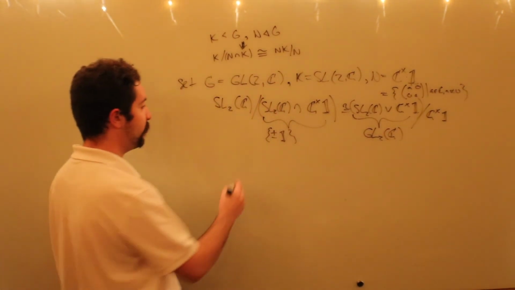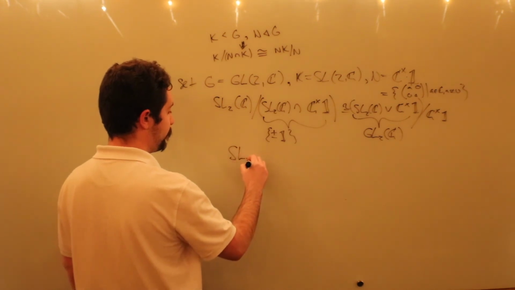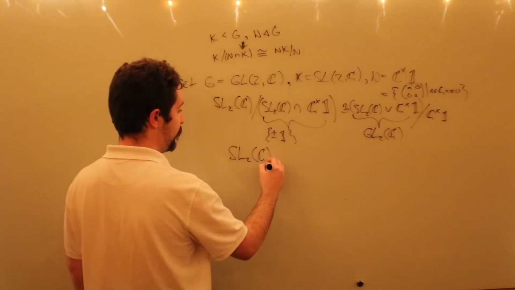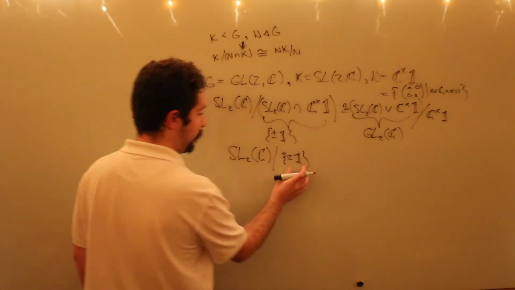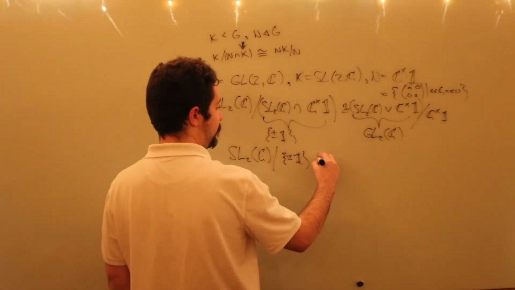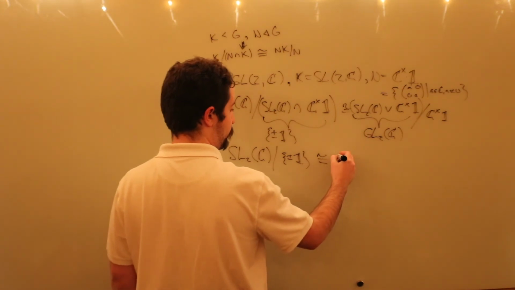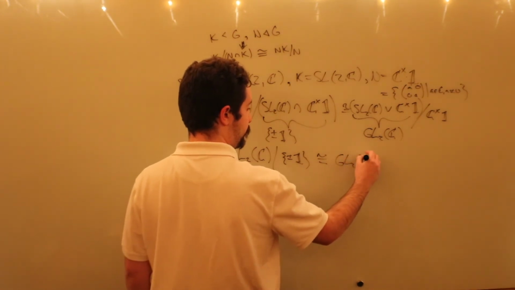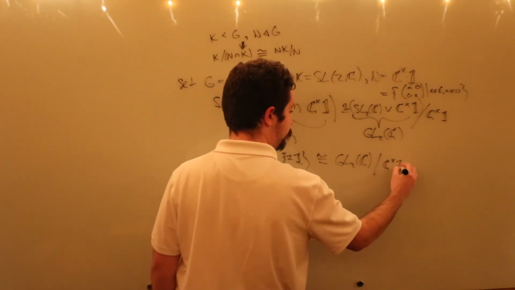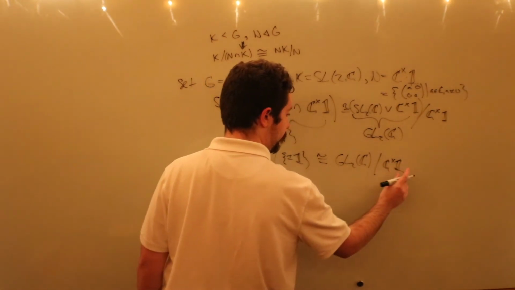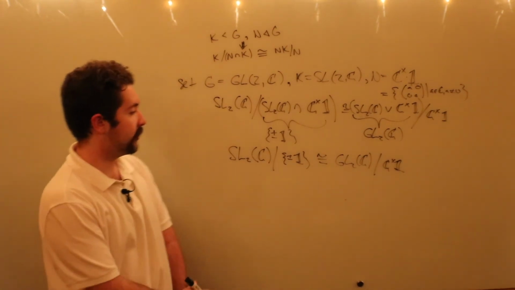So if we write this a little bit neater, we see that SL2 of C quotiented by this set is isomorphic to GL2 of C quotiented by the multiplicative complex numbers scaling the identity matrix.